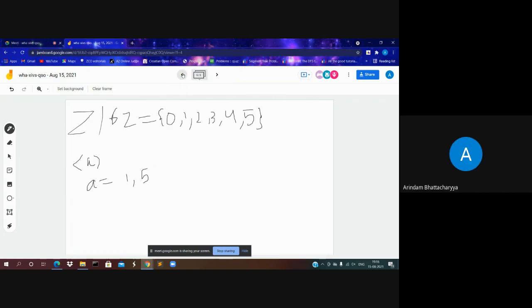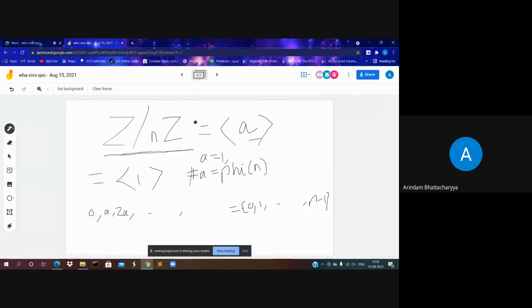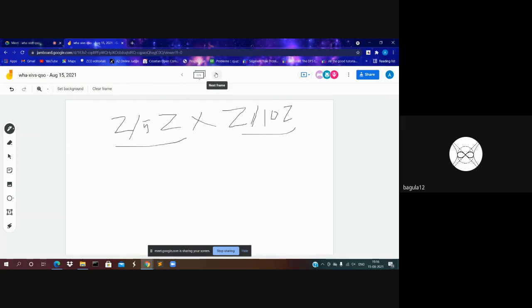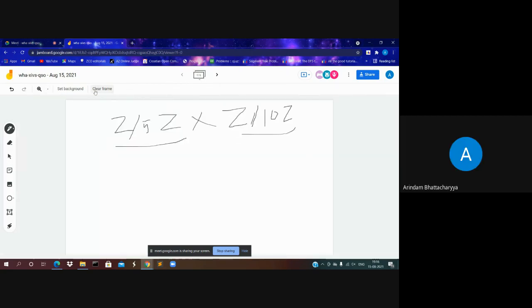So what does phi of n count? The number of positive integers which are less than and relatively prime to n. Can you see that all those a work? Any a which is co-prime to n works? Yes, that is clear. The generator is clear, right?